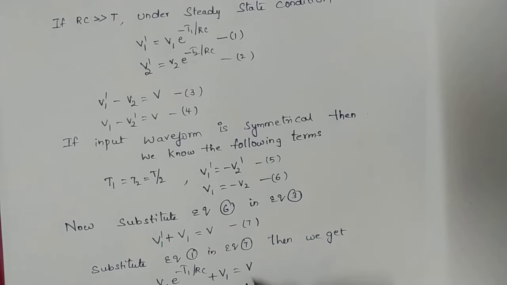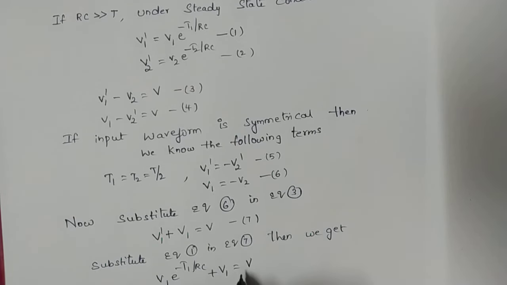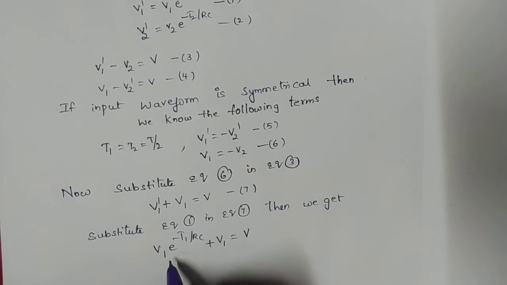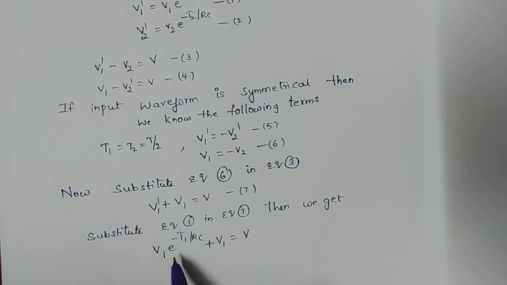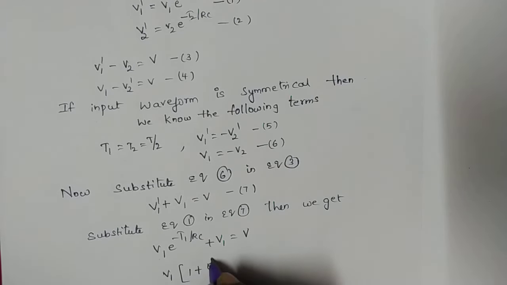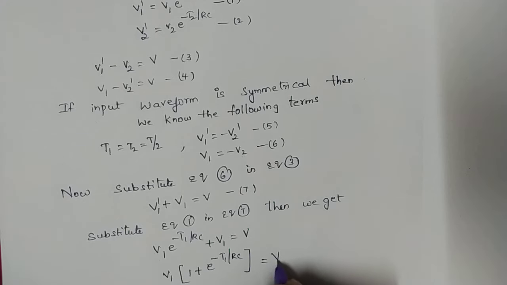This is the expression. Are you understanding what I am saying? In the place of V1 dash, I am substituting equation number 1. Now taking V1 as common, V1 into 1 plus e power of minus T1 by RC, that is equal to V.